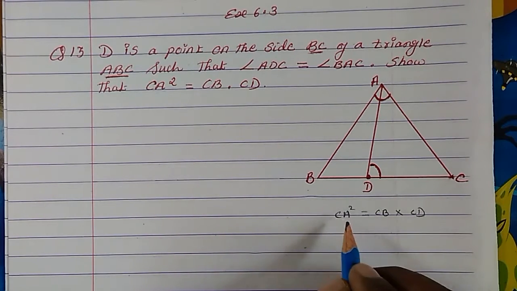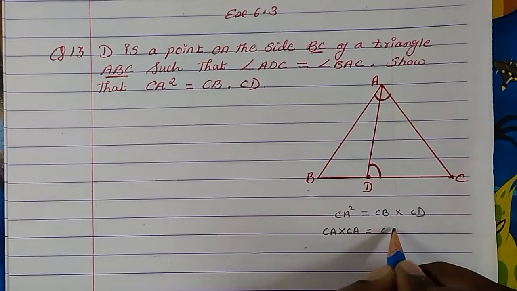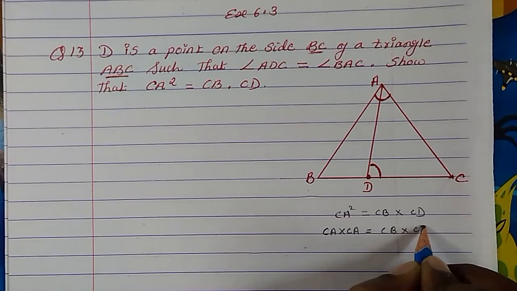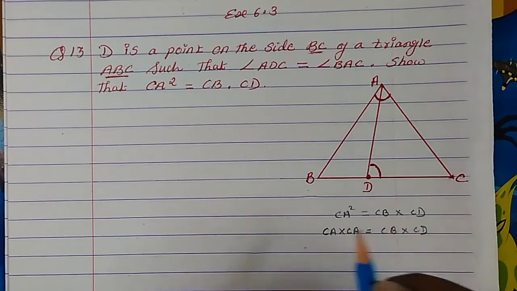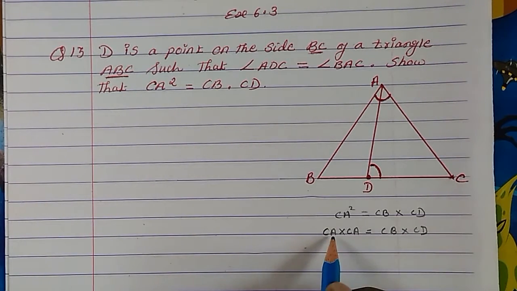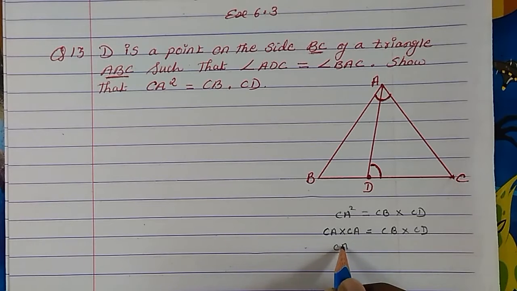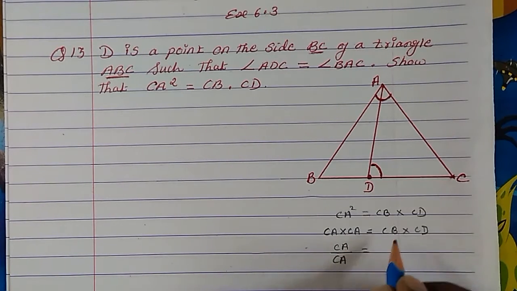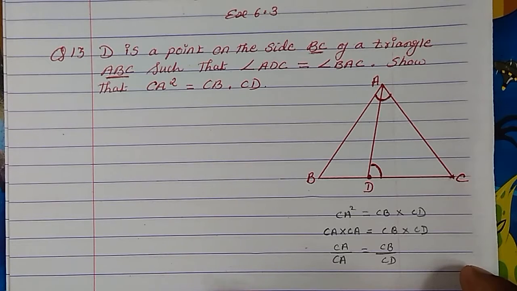Now this CA square can we write down two times, CA into CA, equal to CB into CD. Okay. If we have to write in ratio form, then this can be written as CA upon CB, this CA will become CA upon CD, and this CB upon CD. If we have to write the ratio, it will be like this.